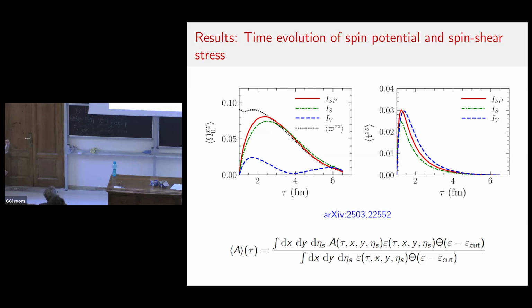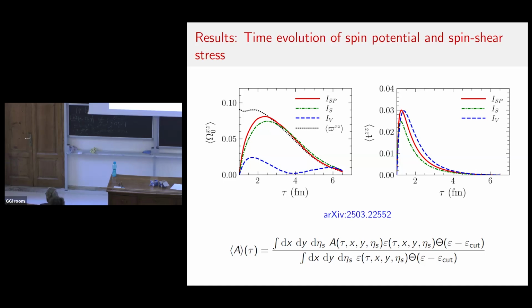If you remember the plot of tau omega, the relaxation is faster for the red curve, which is our SP, scalar-pseudoscalar interaction. Then we have the scalar and vector interactions. Within the lifetime of the fireball, everything approaches the thermal vorticity. Regarding the vector interaction, we initially thought this to be a numerical problem, but we did some numerical experiments, confirmed, and found that this is actually a physical effect.